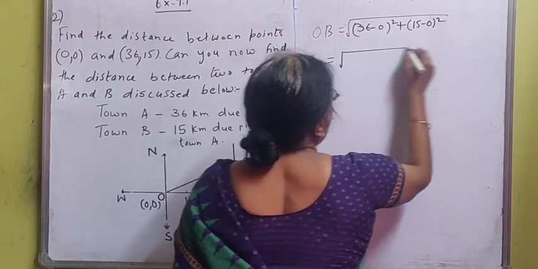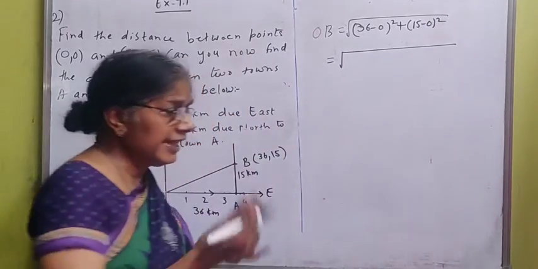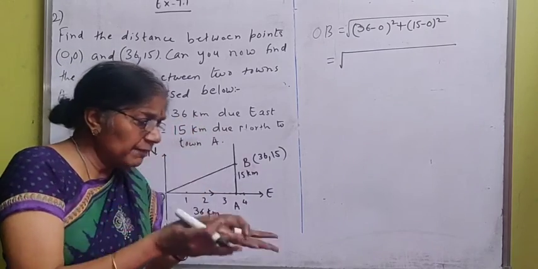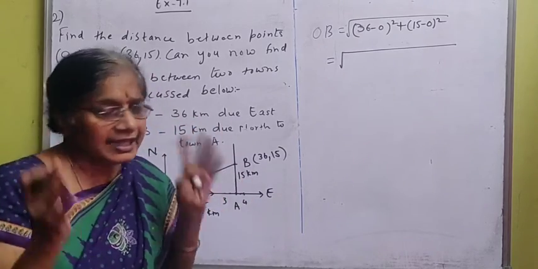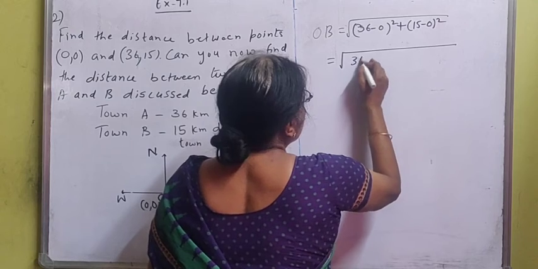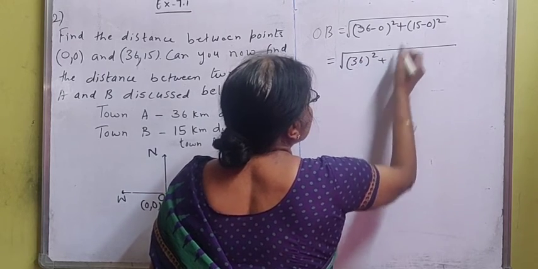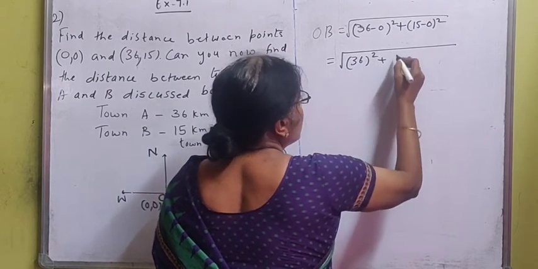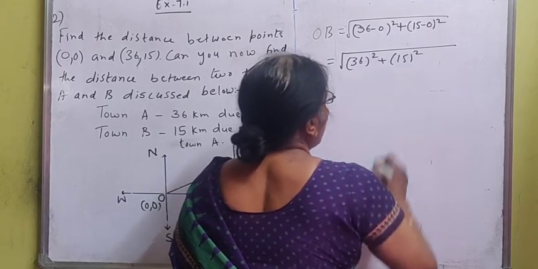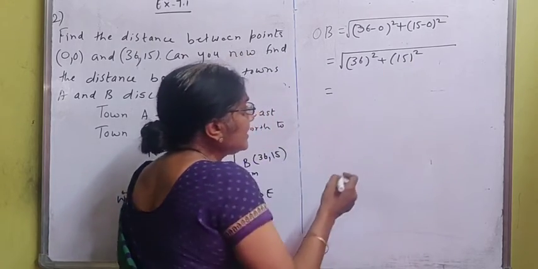Anything from any number you subtract 0, the number remains the same. So 36 minus 0 is 36, the whole square, plus 15 minus 0 is 15, the whole square.